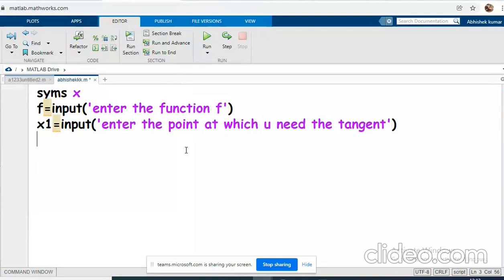So there are two inputs for this program. One is the given function, the second one is the point at which we are going to draw the tangent.